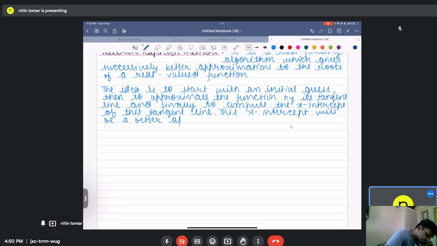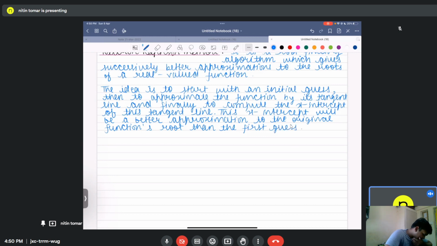A better approximation to the original function's root than the first guess.